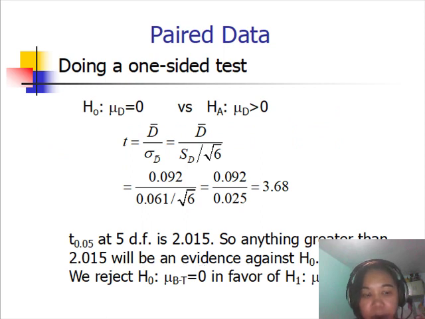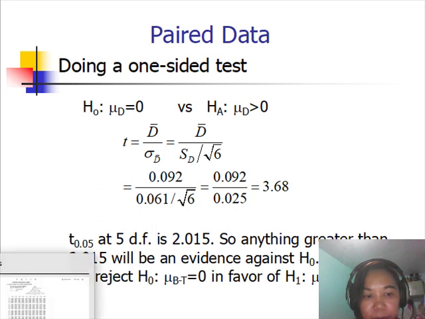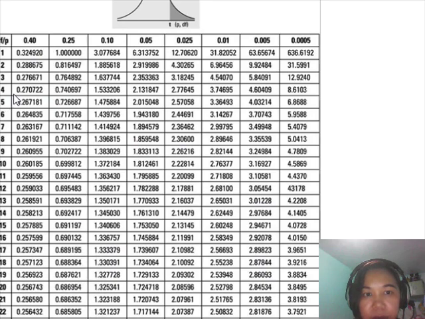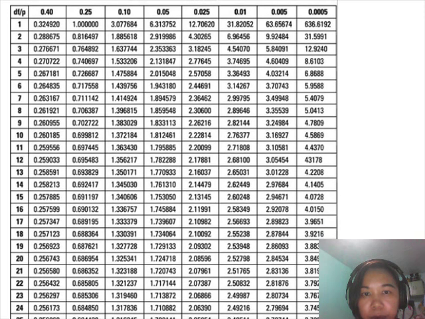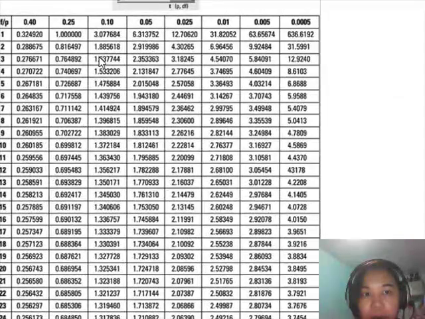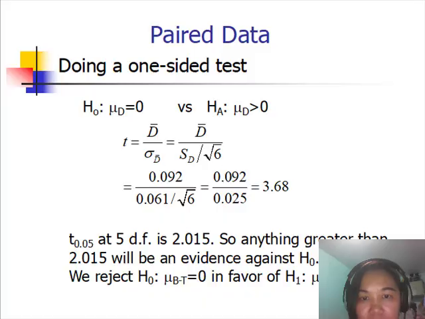We will look at the t table. Our alpha is 0.05 and our df is 5, so we get 2.015. The t calculated 3.68 is greater than 2.015. Therefore, we reject the null hypothesis.